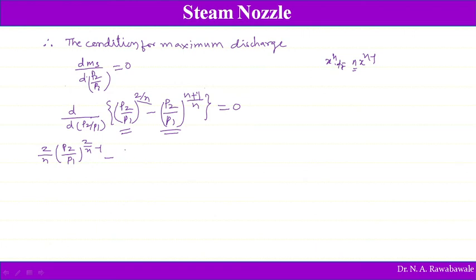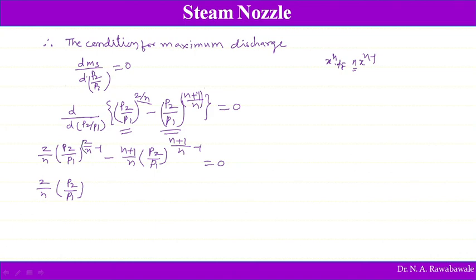The power is n plus 1 divided by n, into, in place of x, p2 divided by p1, to the power of n plus 1 divided by n minus 1, and this has to be equated to 0. Now on simplification, we get this as 2 divided by n, p2 divided by p1.